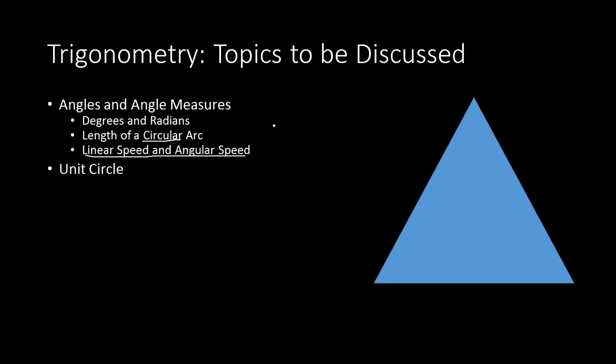Similarly to what I just said earlier, we're talking about triangles here. Why does it involve a circle? The same thing here. Why do we need to discuss the unit circle? So here you will learn the application of trigonometry to a unit circle.